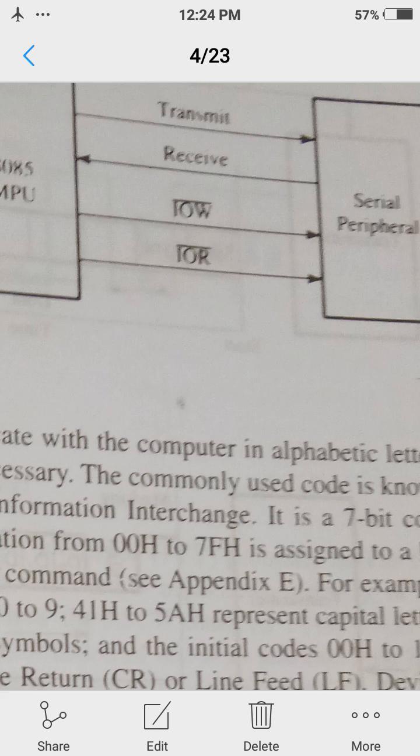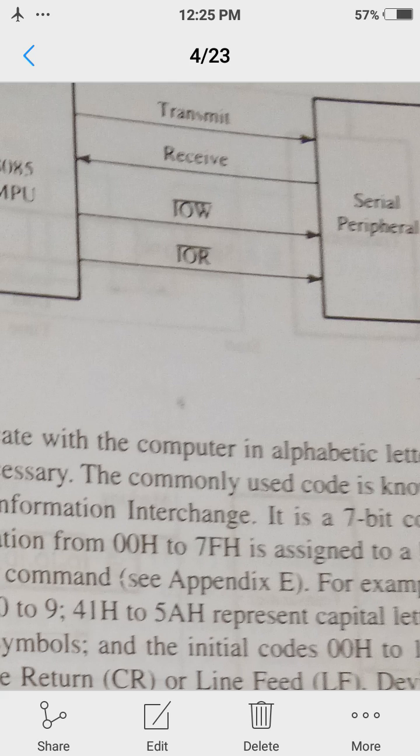One is the transmission line, the second is the receiving line. IOW bar and IOR bar are the control signals; IOR bar is the signal by which the microprocessor reads data from the device, and IOW bar is the signal by which the microprocessor writes to the device.